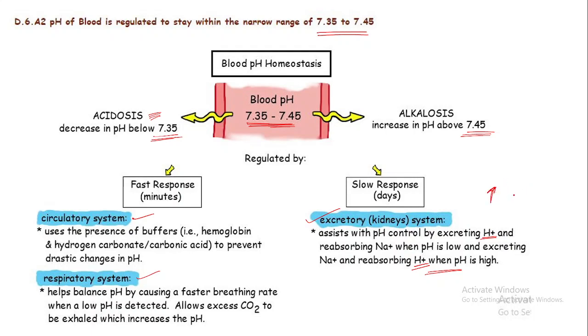Less H plus, basic condition. So that has to be somehow balanced. So this is how these three processes help in maintaining homeostasis. Homeostasis is a normal healthy condition of the body, where all the parameters like blood pressure and ion levels are in balance.